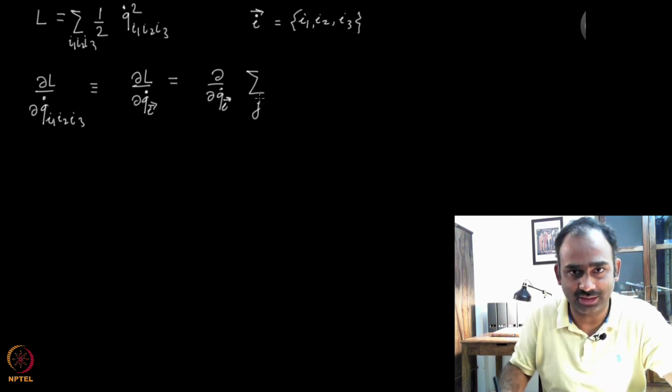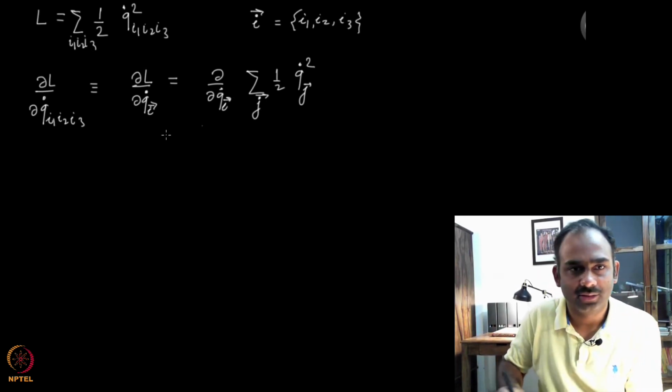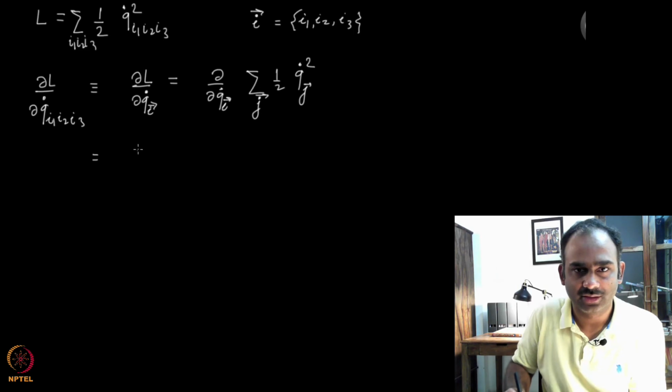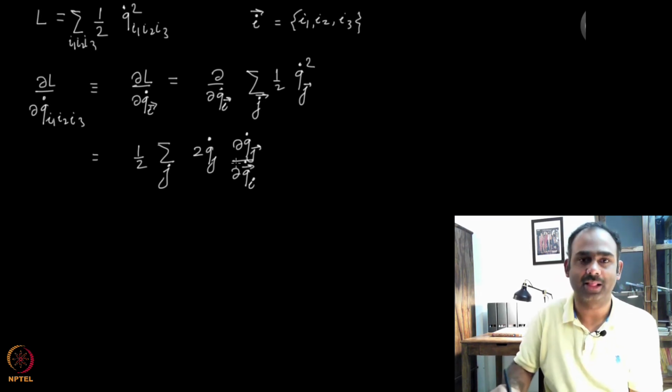Now, I should use not i in the summation, but something else, j: half q_j dot squared, which is half summation over j, 2 q_j dot del q_j dot over del q_i dot.